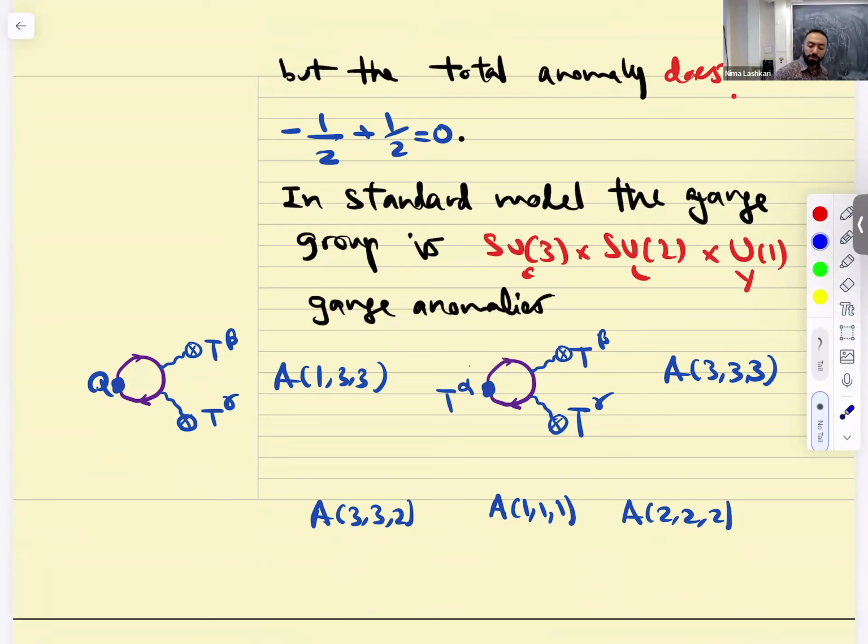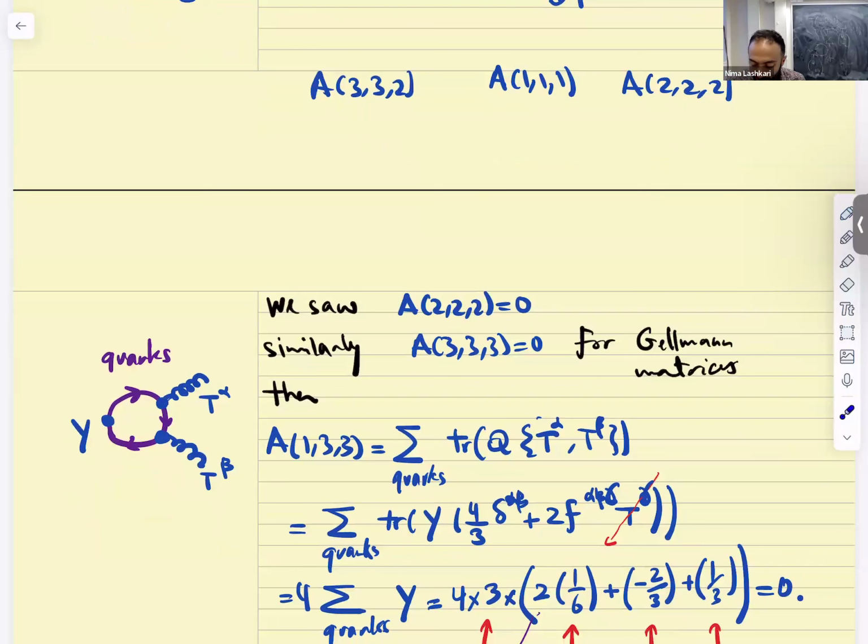I'm sorry, this is bad. My bad. I already changed notation. I think I had said that I'm going to use alpha, beta, gamma here. All right. So this is this anti-commutator for Gell-Mann matrices. Of course, the T^gamma term vanishes. Why? Because Gell-Mann matrices are traceless.